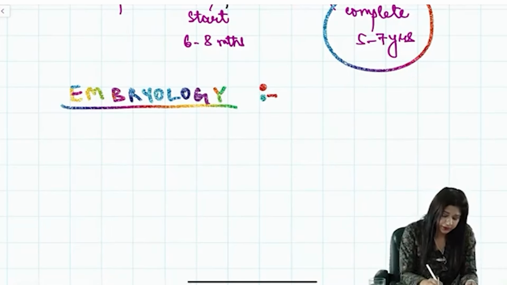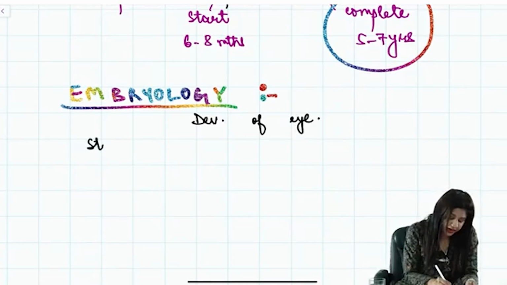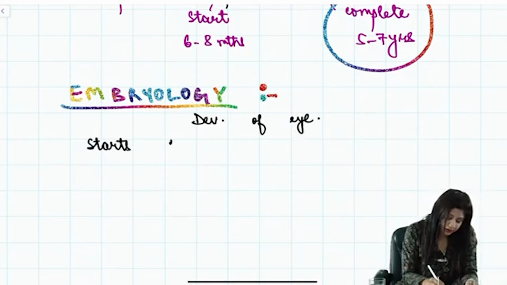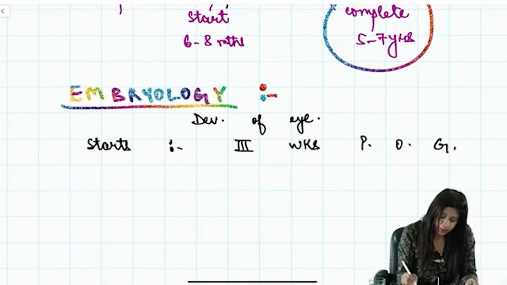The development of the eye starts at 3 weeks of the period of gestation.